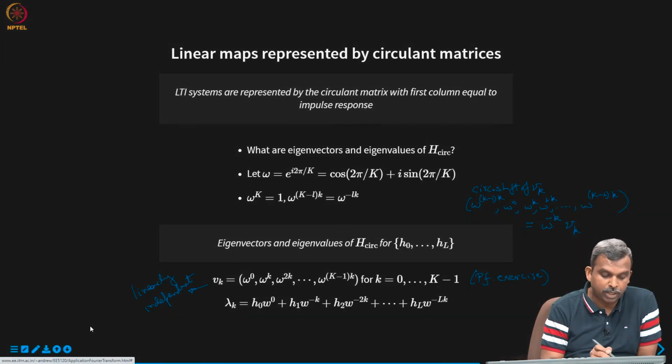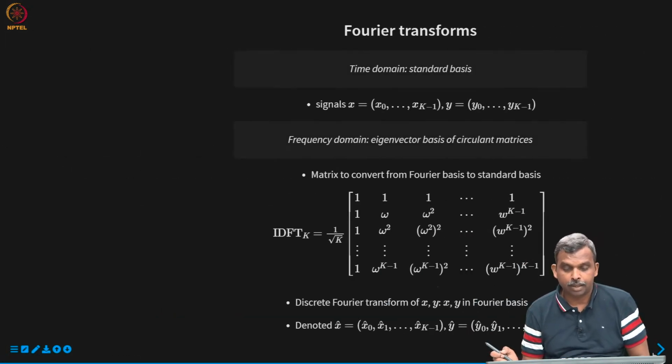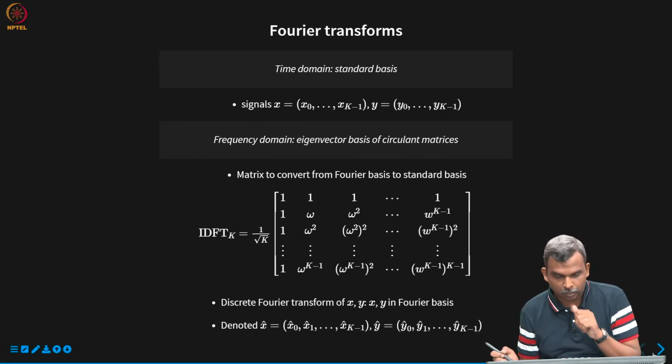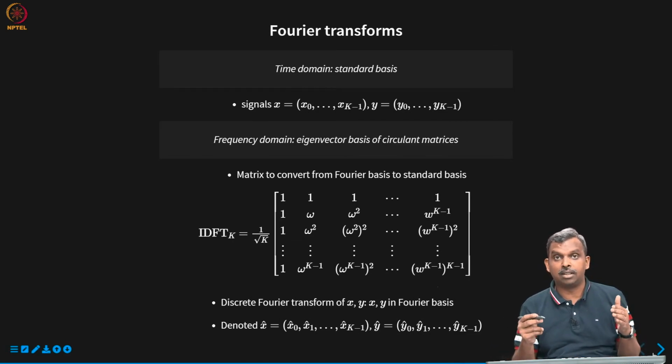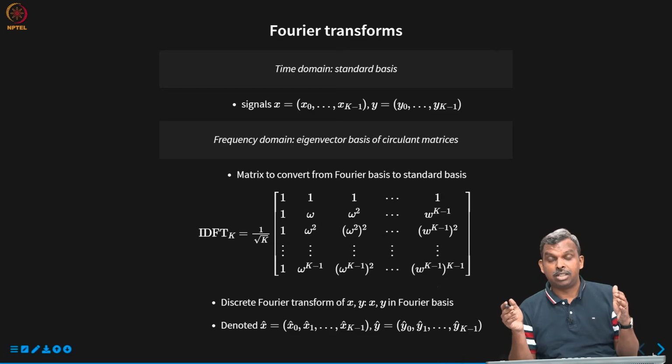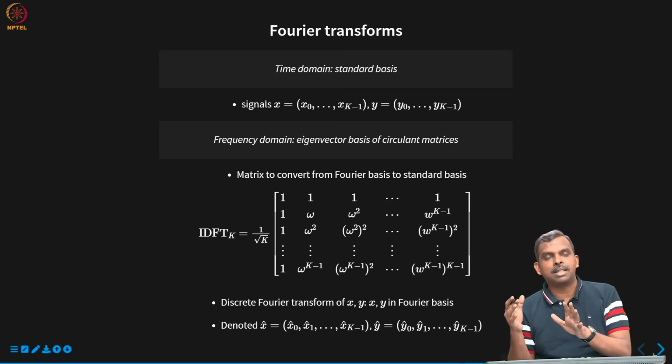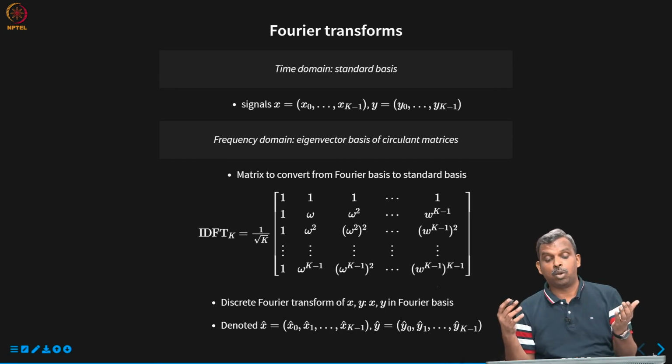All right, so let's see how we can put this to use. Once you have this notion of the eigenbasis, which is the same for any LTI system, whatever LTI system it may be, the eigenbasis that I am going to use to describe the operation is the same. Okay, and it's an eigenvector basis. You have an eigenbasis full of eigenvectors for the circulant matrix, a linearly independent set of eigenvectors.